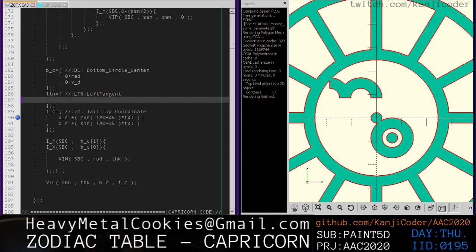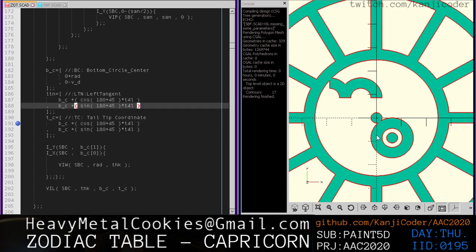And that left tangent is going to be some type of math like this. So let's steal this. And then instead of going this, we're just going to do 0. And then instead of this, we're going to go by the radius, right? To get right here, for this BC. And then this is going to be based on LTN instead, right? And so we got LTN and TC. Okay, so F4 that.